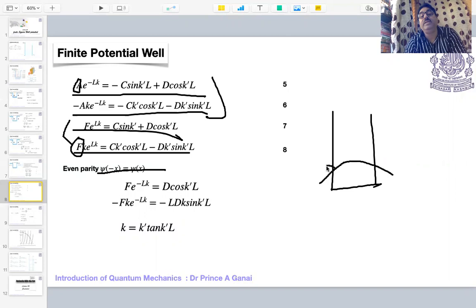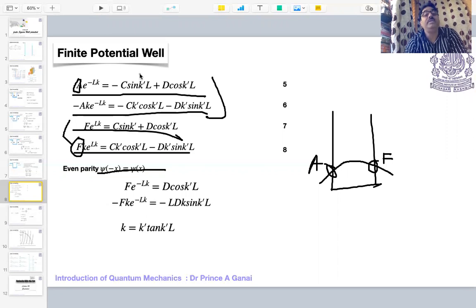You can see the behavior of the wave function is the same at the boundaries. So if there is a constant a appended with the wave function, that must be equal to constant f here, because we have a similar solution at this end. So for a, I can replace it with f, and it is e to the power minus kL.